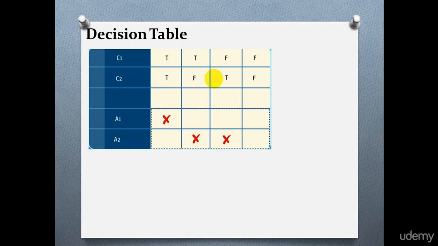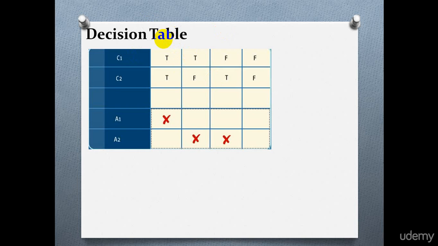Decision tables help to make sure that all possible test cases are considered during test execution for all various conditions of the software.